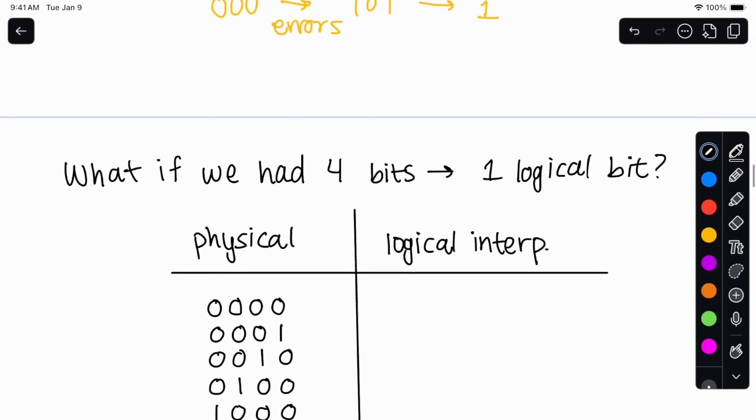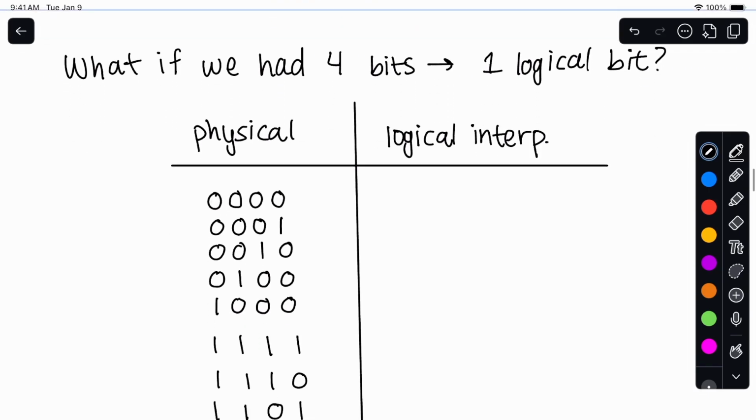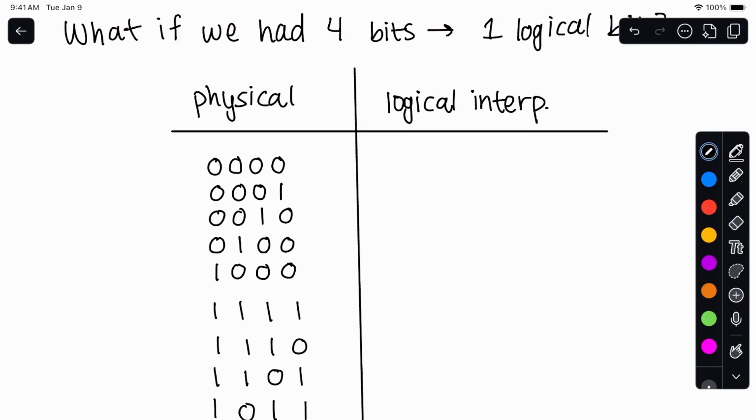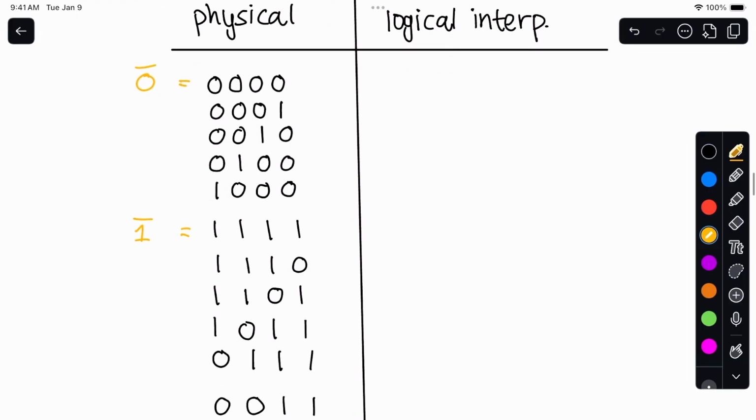So another question you could ask is, what if we had 4 bits encoded into 1 logical bit? Well, again, our logical states are going to be the all 0 state, and oftentimes we'll denote the logical state with a bar on top. So all of these states, which are either fully 0 or only 1 off from 0, are all going to be interpreted as 0.